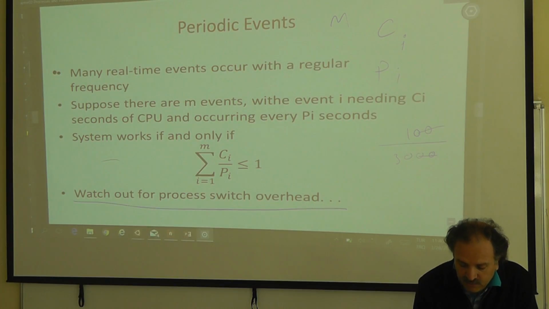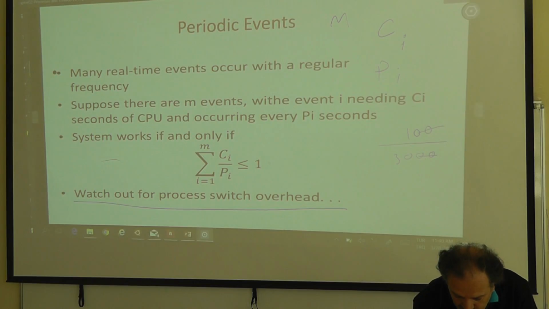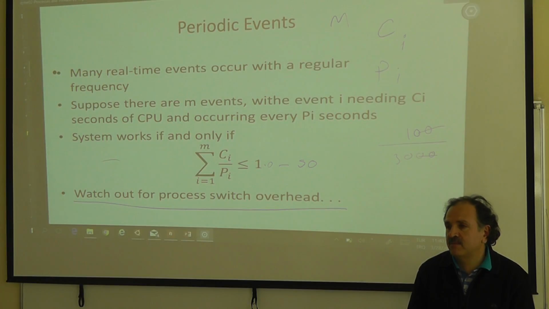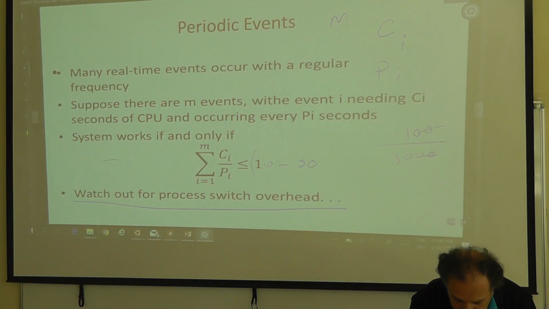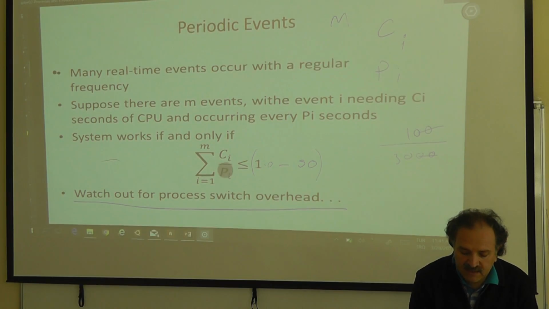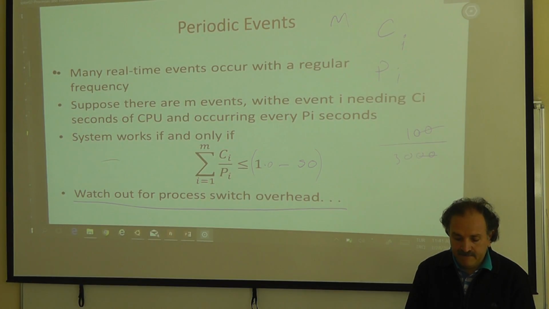Maybe I should do this as 1.0 minus switch overhead, because switching between M processes will take some time too. So this is a better formula. And let's say switch overhead takes 10% of the CPU time, so this should be less than 0.9 then. So this is a very common formula used by real-time systems.